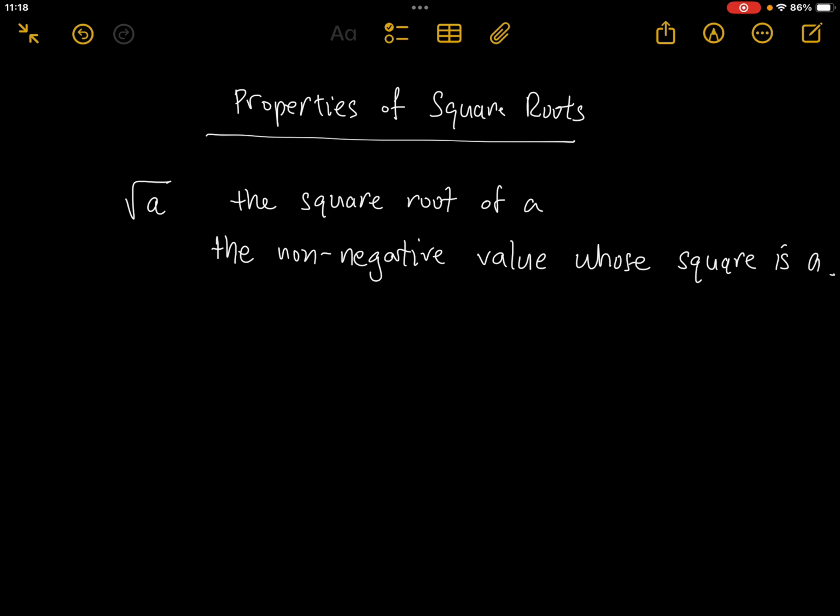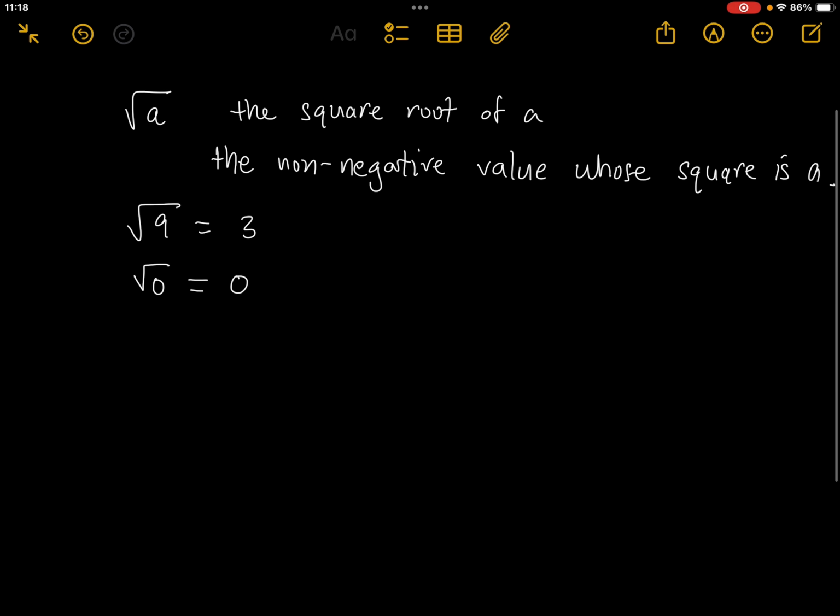So for instance, the square root of 9 is 3, because 3 is non-negative and its square is 9. And the only way you're going to have something that's not positive is when you have the square root of 0, which is 0. So that's square roots.